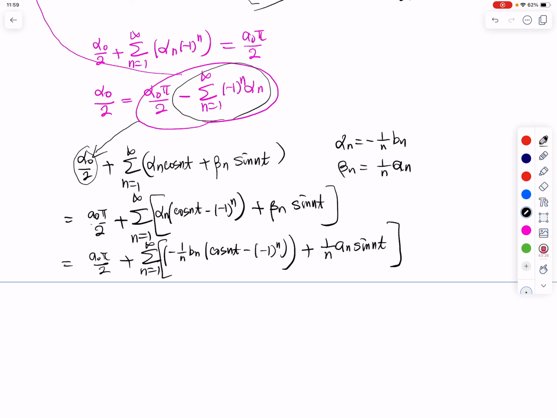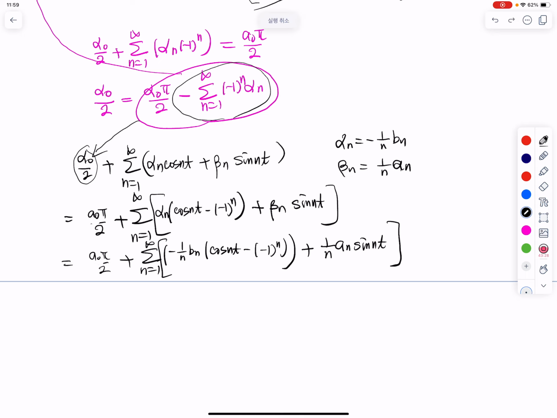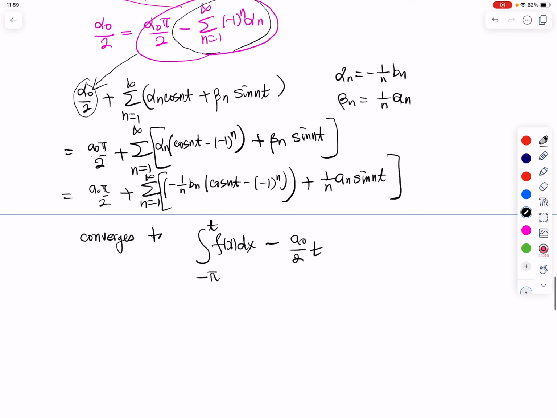So this one converges to the integral from minus pi to t of f(x) dx minus a0 over 2 times t. This is by the Fourier theorem.